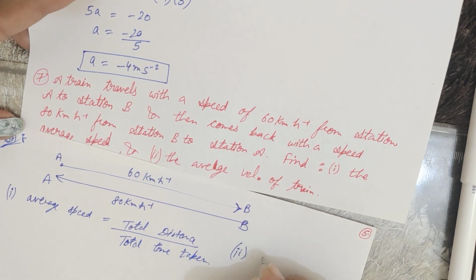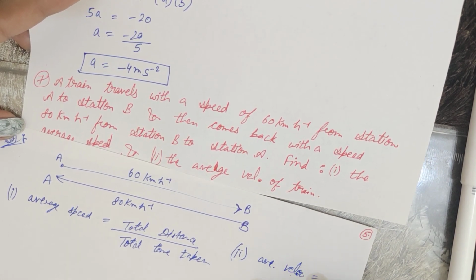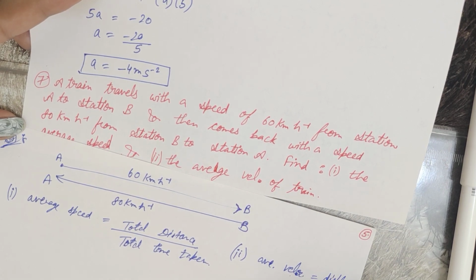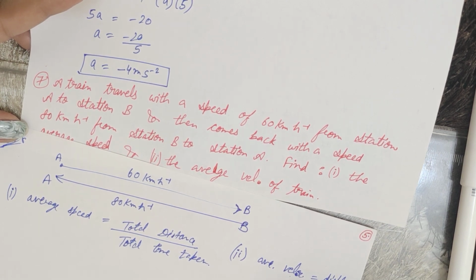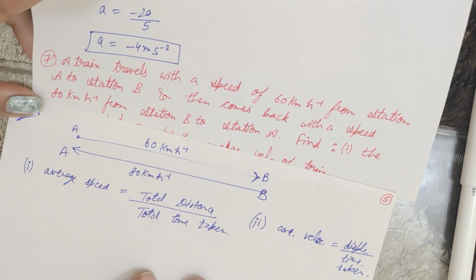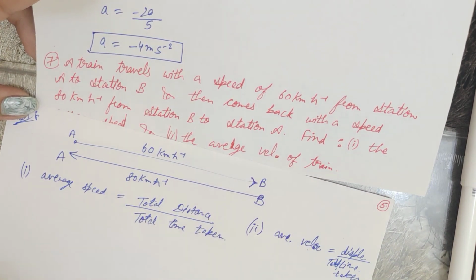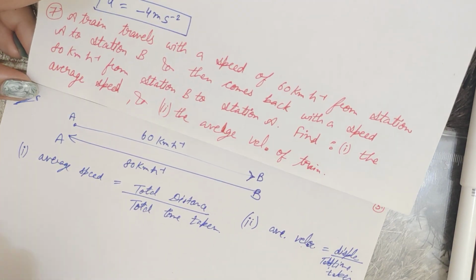The second thing we need to find is the average velocity. Average velocity is equal to displacement divided by total time taken.